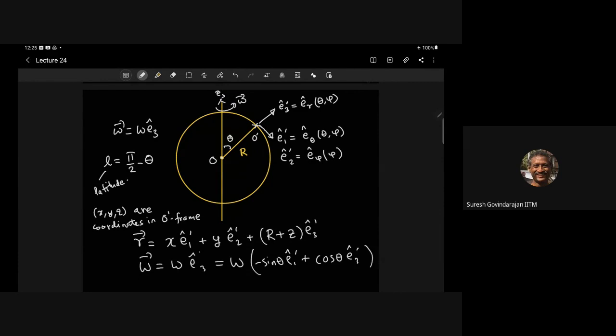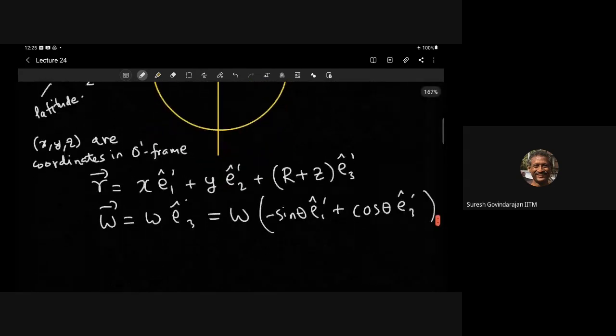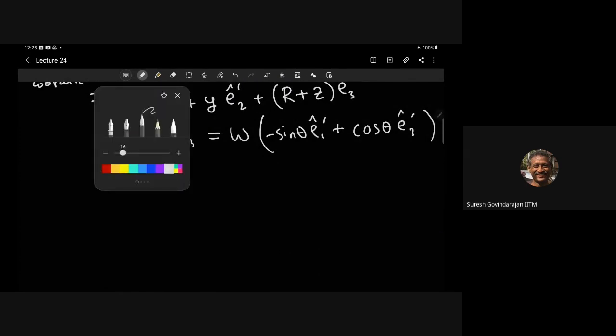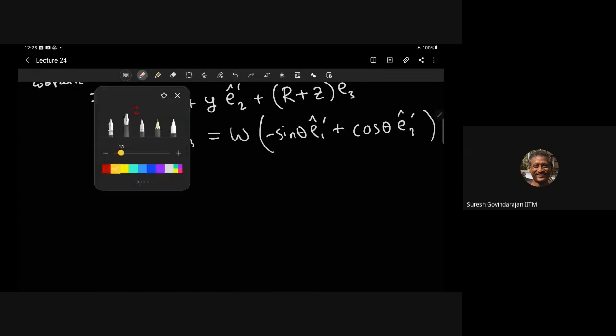Okay. So this completes the various definitions that I wanted. Let me expand it back to normal size. So this is what we have. And what I want to do is to compute first the centrifugal term. Let's set it for simple.